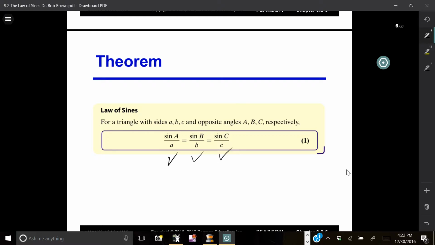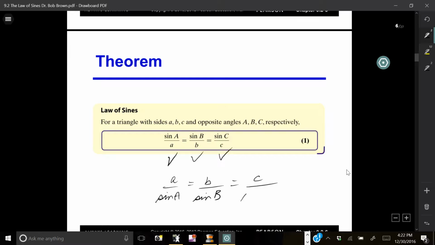It's also true that you can turn everything upside down if you want to and say that a over sine of A equals b over sine of B equals c over sine of C. Both equations work just as well as the other, and I've used both variations.